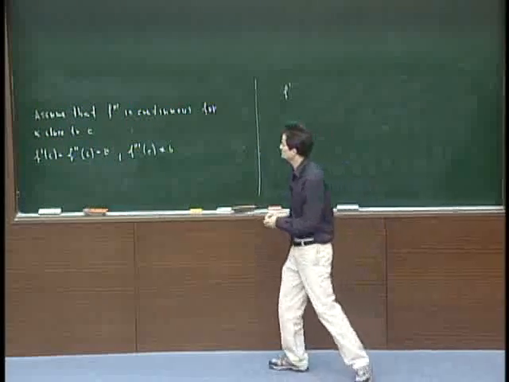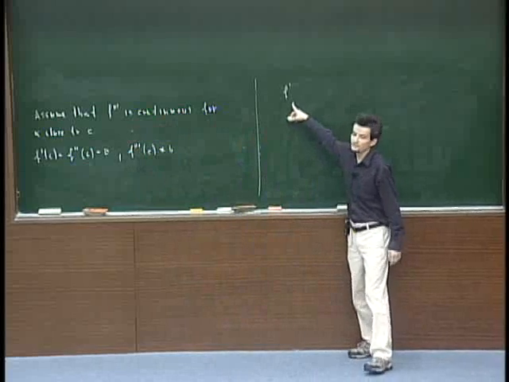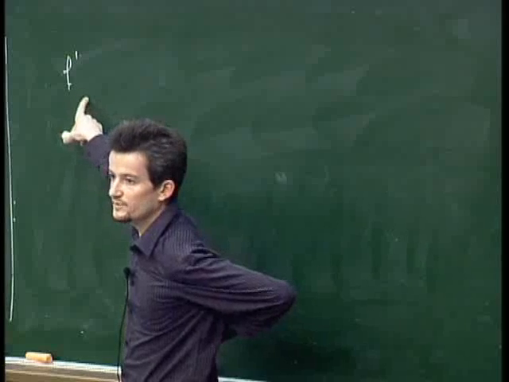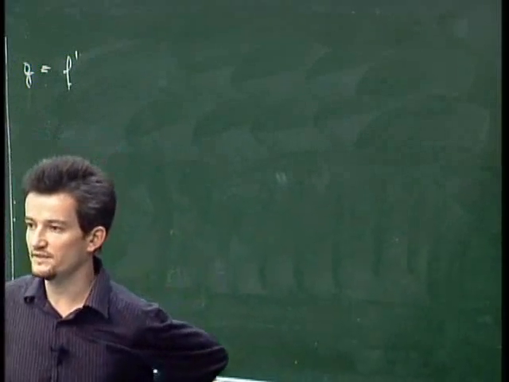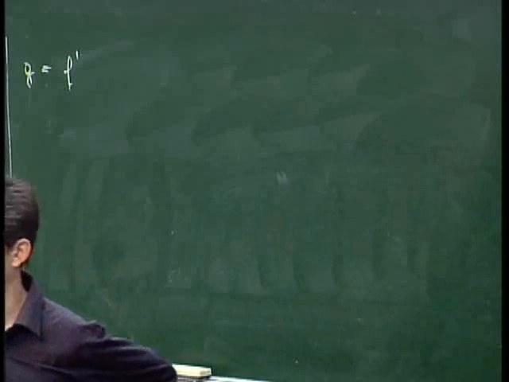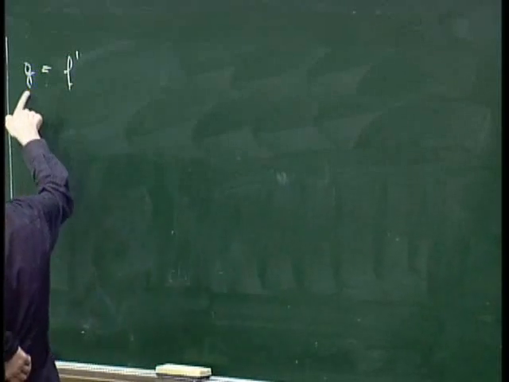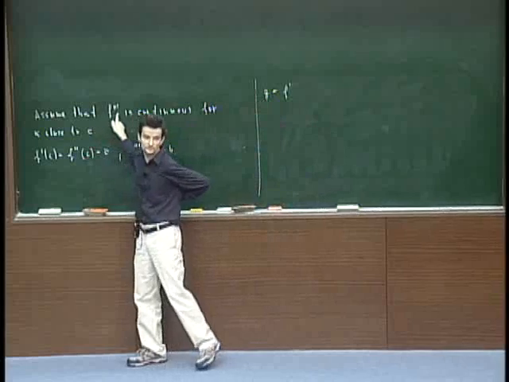If I have these assumptions, I can look at the first derivative of this function, call this a new function g, and g will satisfy the assumptions of the second derivative test. So we will apply the second derivative test onto the first derivative of f. The assumptions are satisfied because the second derivative of g is continuous for x close to c, since it's the third derivative of f.